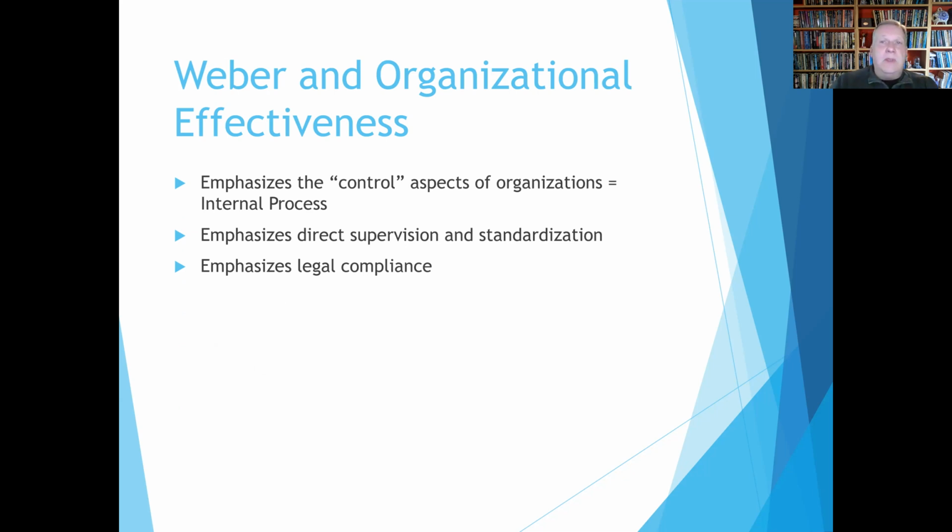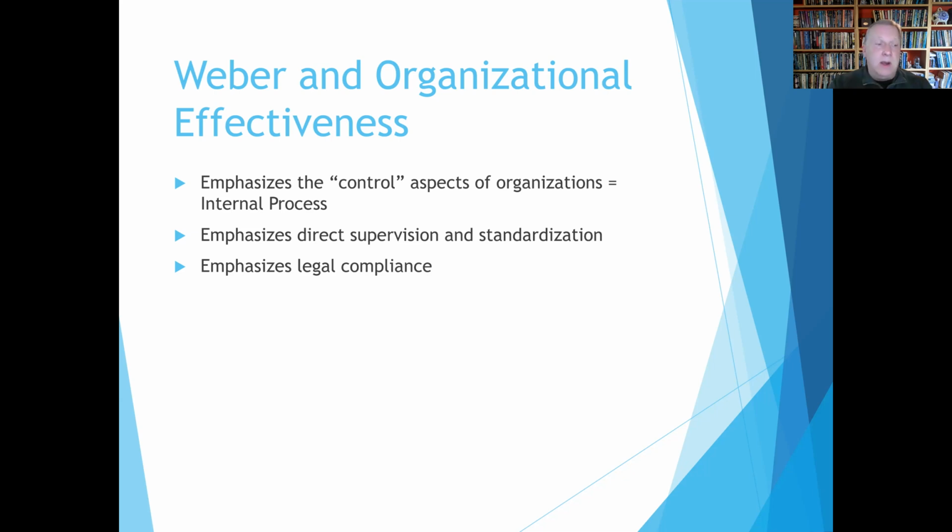Now, clearly, going back to the Tompkins textbook and that first anchor in the Tompkins textbook, clearly Weber's ideal bureaucratic structure, the way in which you measure organizational effectiveness is by emphasizing things like control. So it emphasizes the internal process model of organizational effectiveness. It also emphasizes the rational goal model of organizational effectiveness as well, because we have an organizational goal that we are trying to achieve, and that's to make the organization efficient and effective.